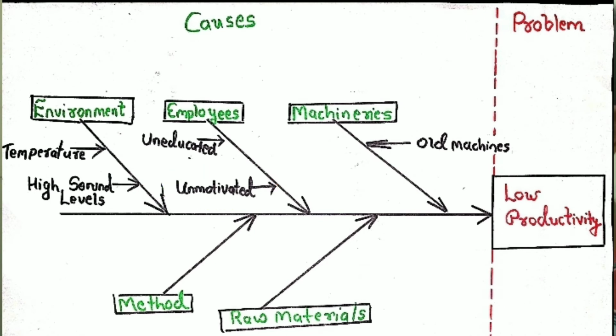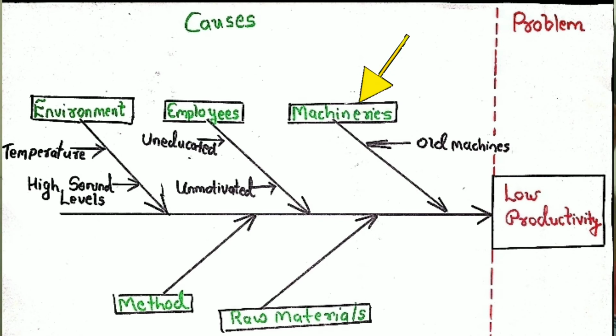So for uneducated and unskilled employees, it is better that we install some training programs, and for lowly motivated employees, we need to find out the root cause, what is causing low motivation. It can be because of low salary or because of some inner jealousy or some competition.